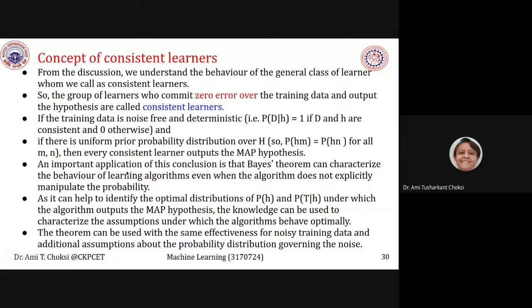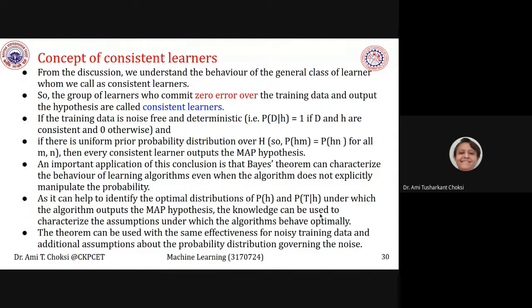So an important application of this conclusion is that Bayes' theorem can characterize the behavior of learning algorithms even when the algorithm does not explicitly manipulate the probability, as it can help to identify the optimal distributions of P of h and P of d by h under which the algorithm outputs the MAP hypothesis.